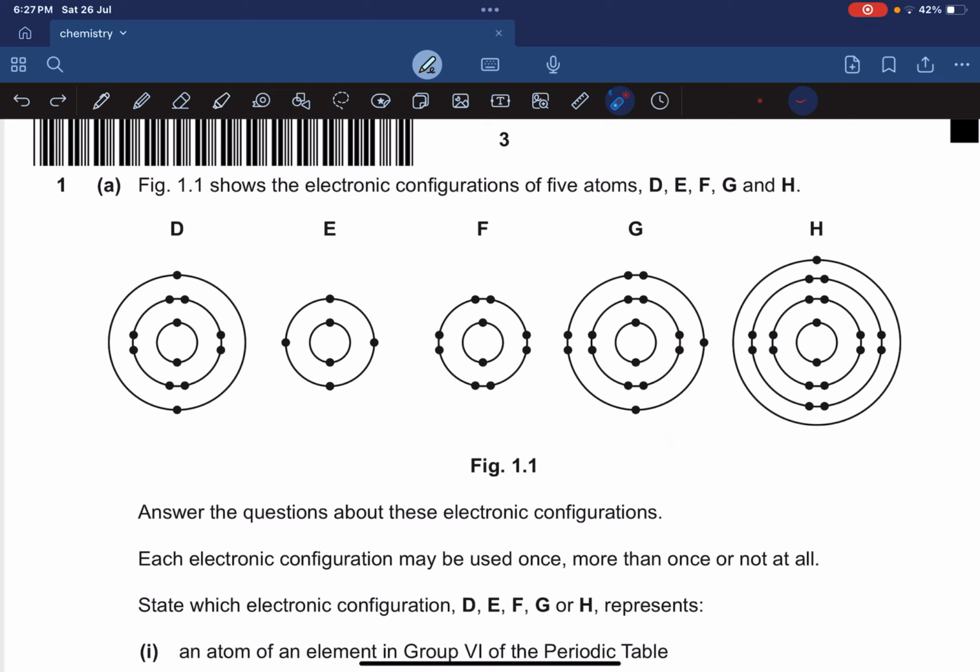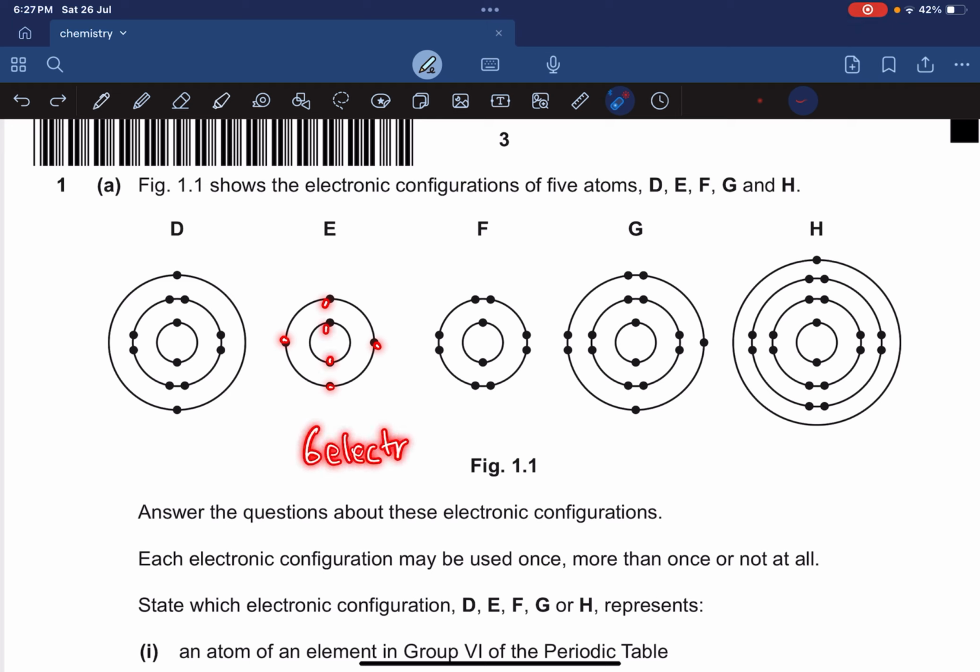I hope this is simple, and because you're given a periodic table as well, by counting the number of electrons you can tell which element each atom is. How? If I count the electrons over here, 1, 2, 3, 4, 5, 6, I have 6 electrons.